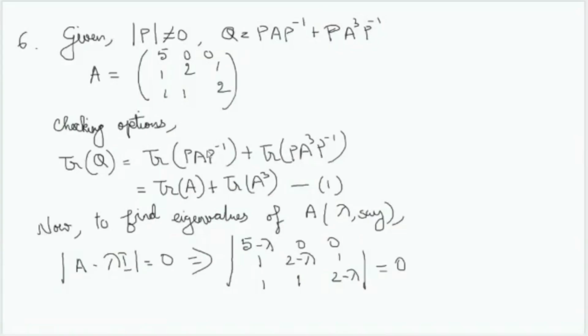So trace of PA P inverse can be written as trace of P inverse PA, because trace of BC is equal to trace of CB. If you consider PA as B and P inverse as C, then trace of PA P inverse is equal to trace of P inverse PA, which is trace of A. And you can prove the second one similarly.